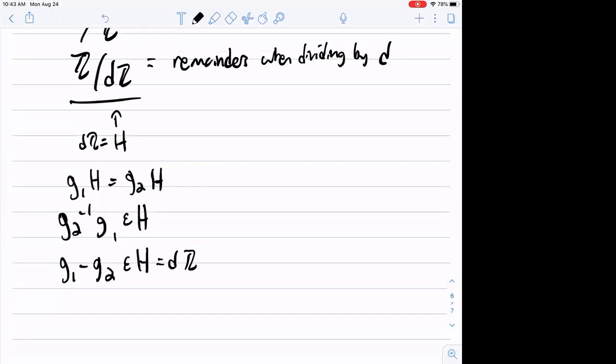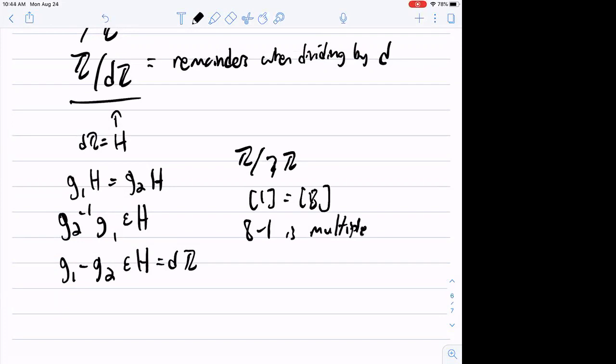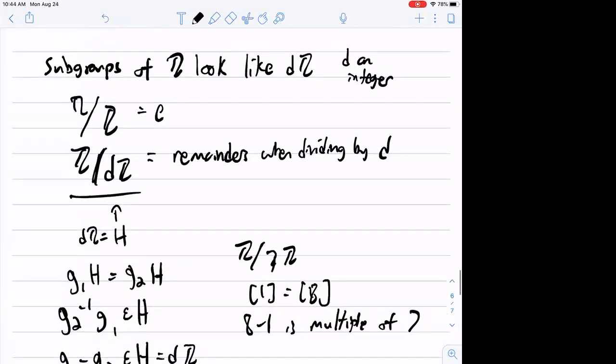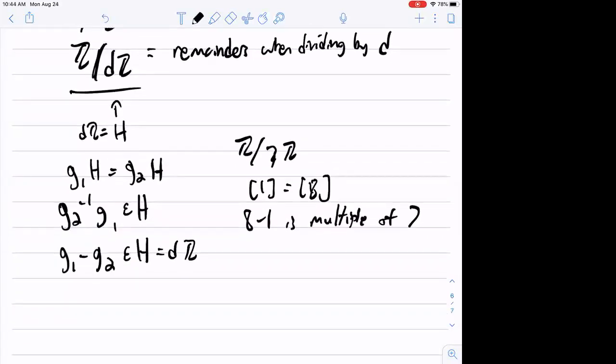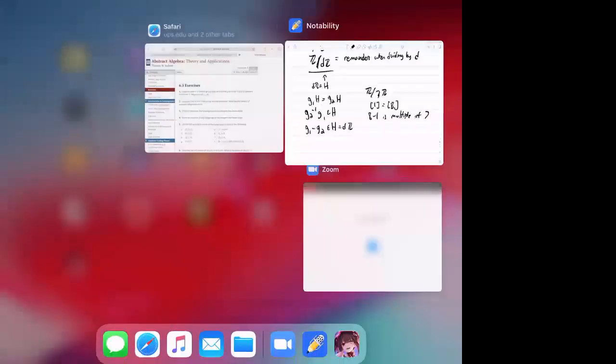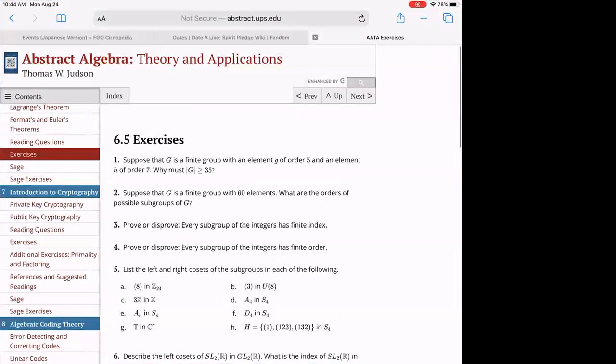In Z mod 7Z, how do you check the class of 1 is equal to the class of 8? It's because 8 minus 1 is a multiple of 7, right? So you see why we use this notation now. It's just the coset with the group dZ. Anyway, all subgroups are finite index.